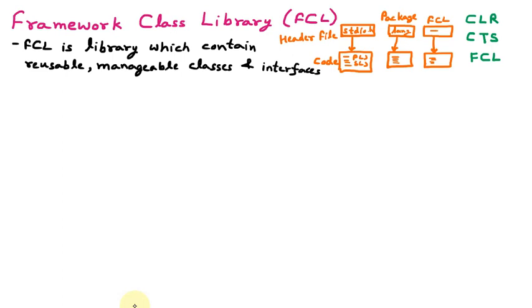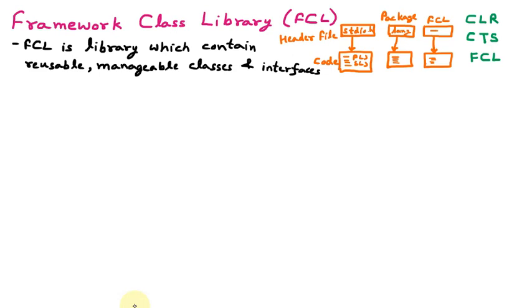And what is manageable? Whenever we compile the code to the intermediate language, that is called manageable. Those classes and interfaces, where an interface is part of object oriented programming. We know that whenever classes don't have their definitions, they are called interfaces.